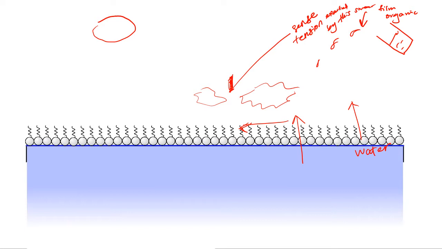So what Langmuir did was introduce various solutions of carboxylic acid, and then measure the pressure using this dipper. And the result he got will be presented in the next slide.